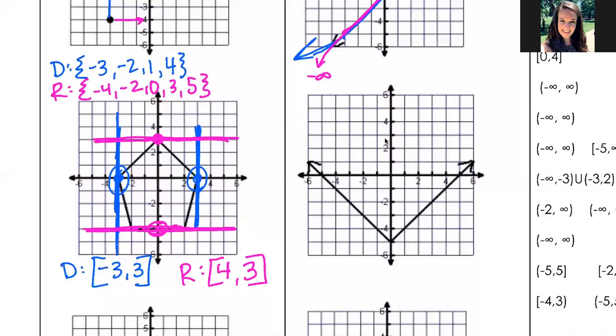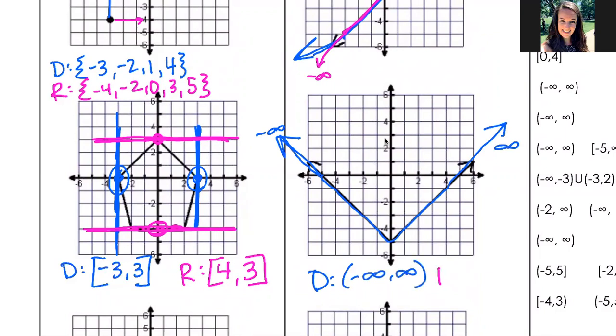We'll talk about this next one. For my domain, I want to know the leftmost side, so this is going out forever and ever, so -infinity over here, and then it comes in -4, -3, -2, 0, all the way, and then it goes positive forever and ever. So I'd say this is going from -infinity to positive infinity.